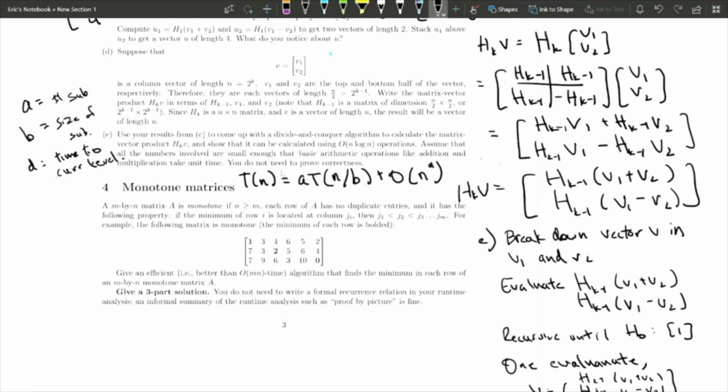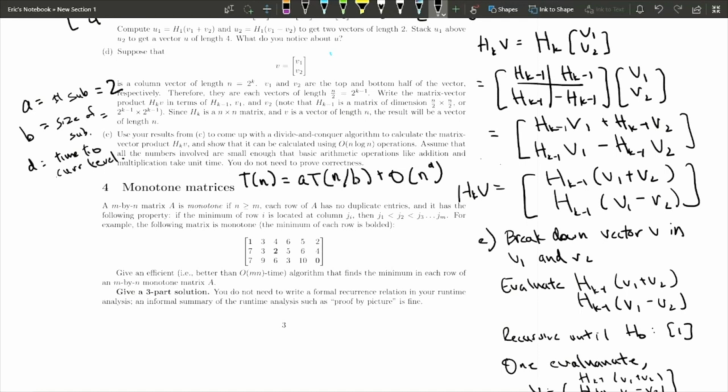So let's go through the recurrence relation for 3E. For A, we have two subproblems, right? We have to evaluate H of K minus 1 using the vector V1 plus V2, and we also have to evaluate H of K minus 1 with V1 minus V2. So the number of subproblems is 2.